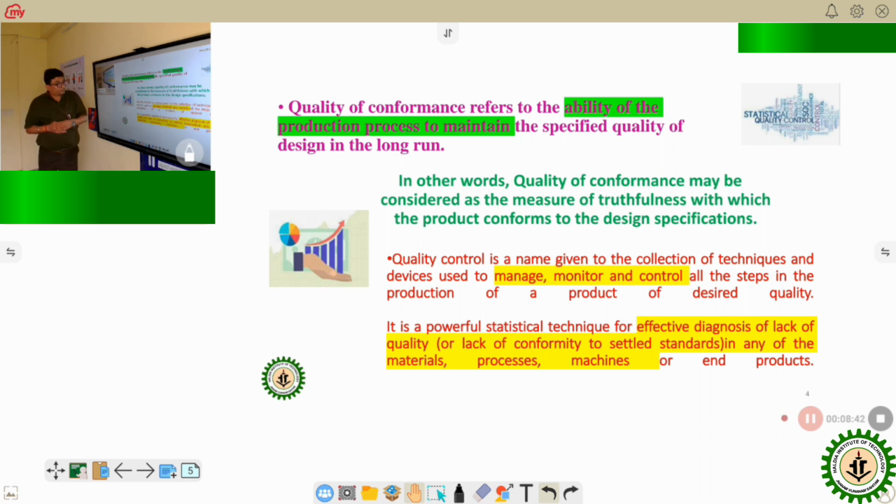So this parameter will also be checked using the theory that we are going to implement, known as statistical quality control. There we are going to apply this quality of conformance for the stability of the product.